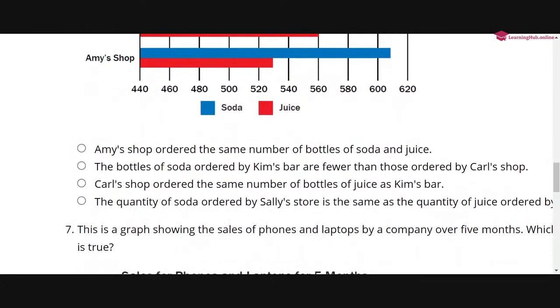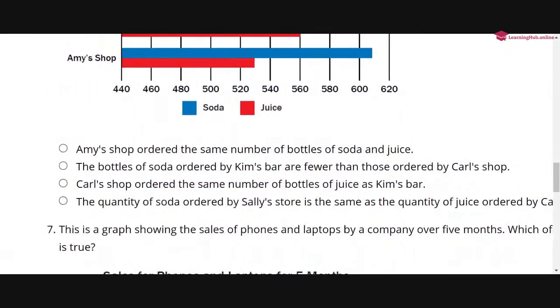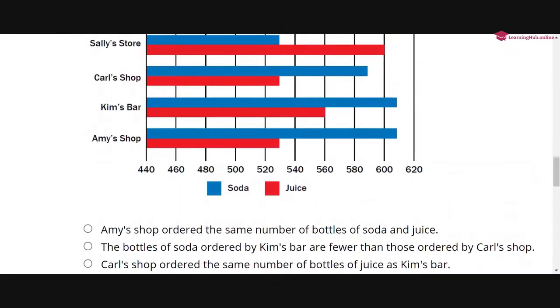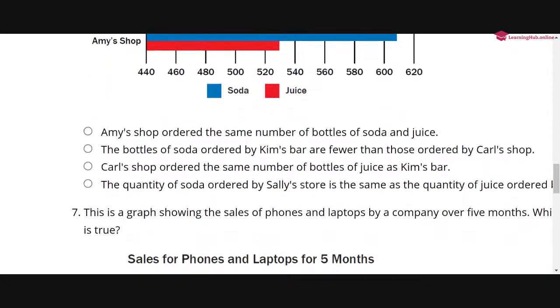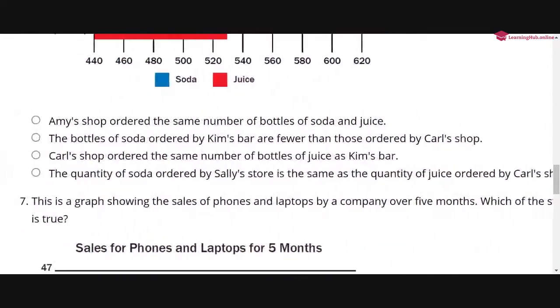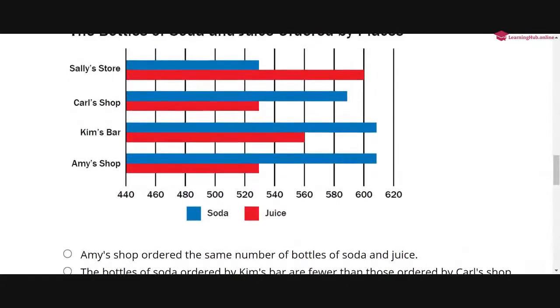Look at D. The quantity of soda ordered by Sally's store is the same as the quantity of juice ordered by Carl's shop. So we look at quantities of soda by Sally's store, and the blue, which is 530. They're saying that is the same as the quantity of juice ordered by Carl's shop.